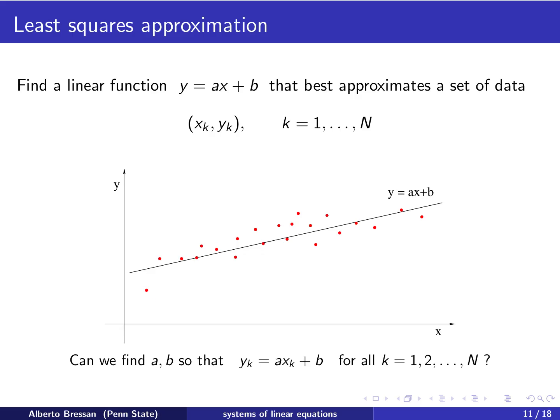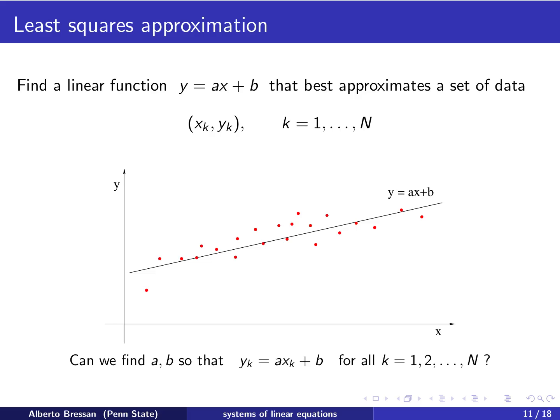And you have a bunch of experimental data. These are the red dots. Let's say there are k of them. And then we will want to find this constant a and b. That means the slope and the starting point, such that this straight line best fit the data.